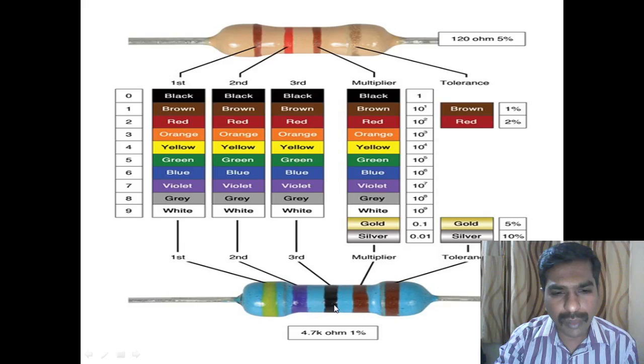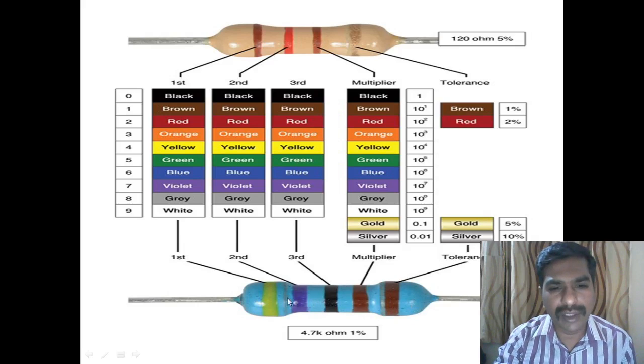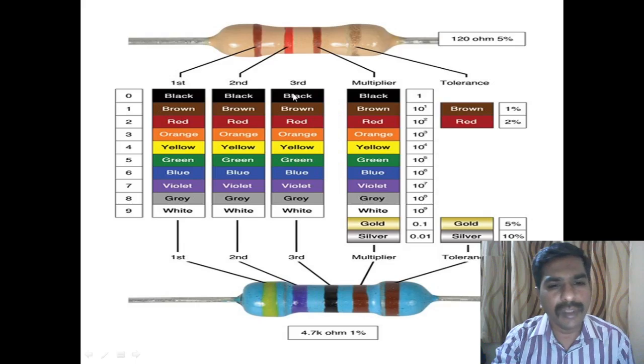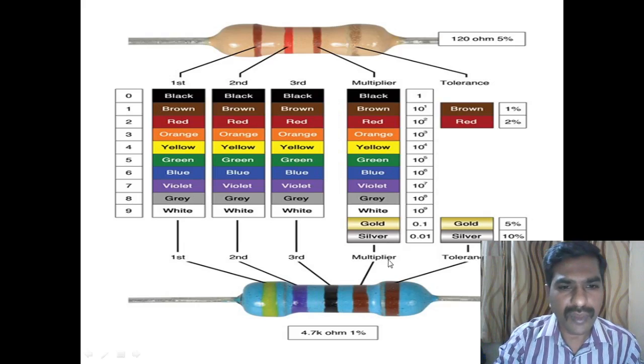And below, you have 5 bands. In this 5 band resistor, the first band is the first digit, yellow, which means 4. The second digit is violet, which means 7. And the third digit is black, it's a 0. Oh sorry, the third digit is 0.